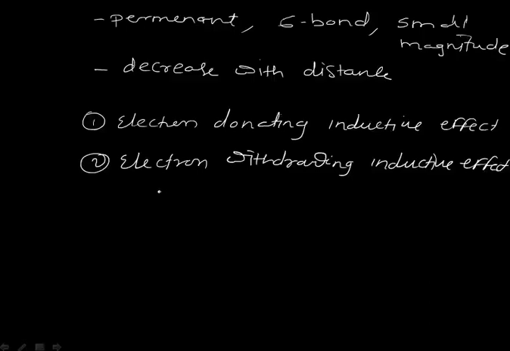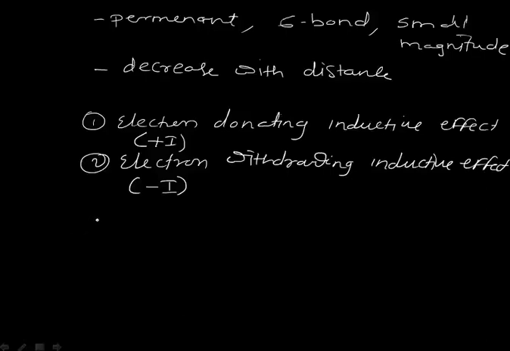Electron donating and electron withdrawing inductive effect. The electron donating inductive effect is denoted by plus I, and the electron withdrawing one is denoted by minus I. Here we are going to look at the various groups or atoms responsible for electron donating and electron withdrawing in the molecule.